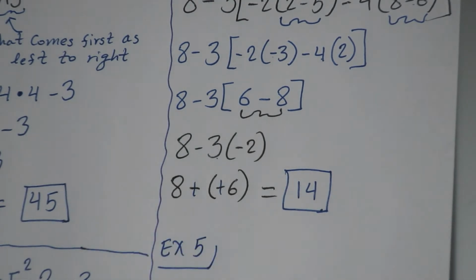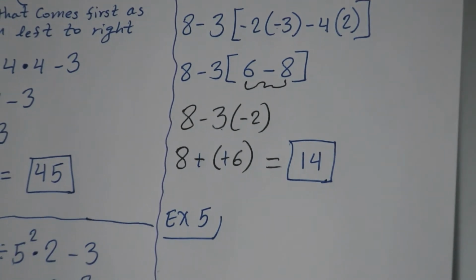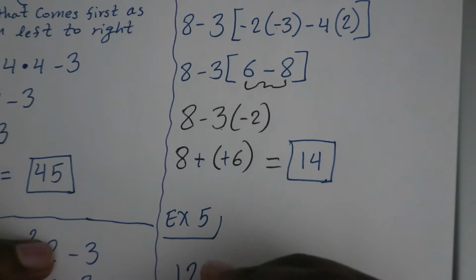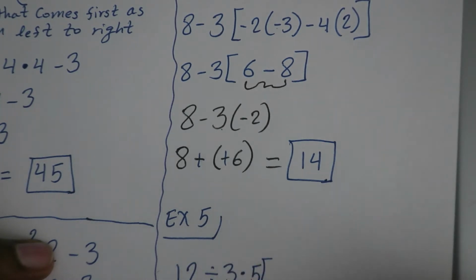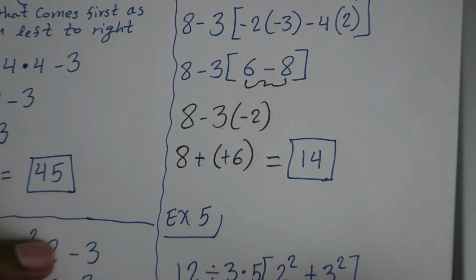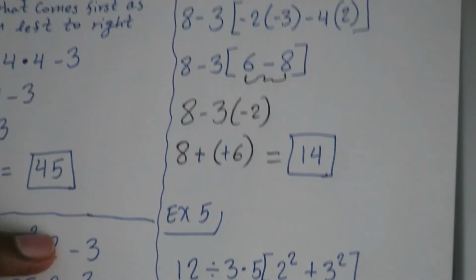Example 5. For that one we'll do 12 divided by 3 times 5, sorry, bracket 2 squared plus 3 squared, divided by 7 plus 3 times 6 squared.